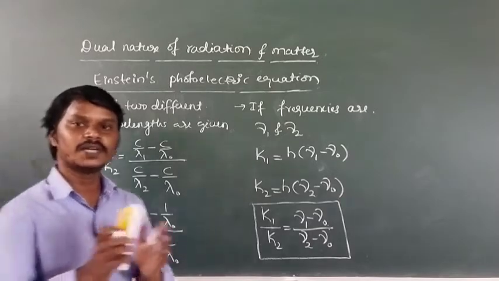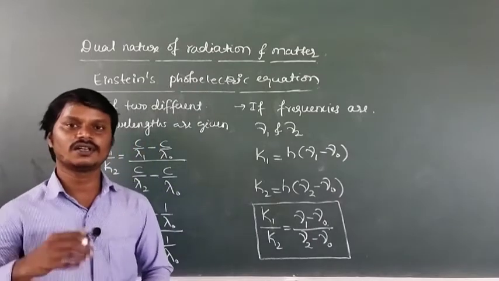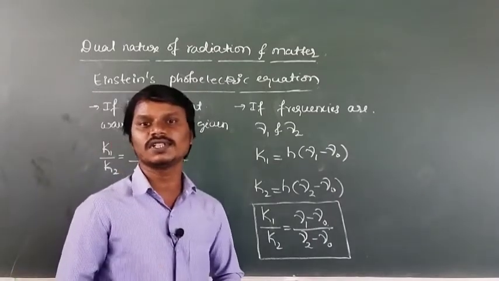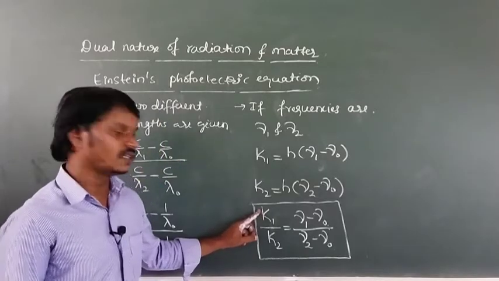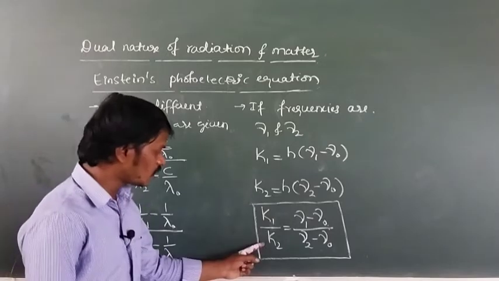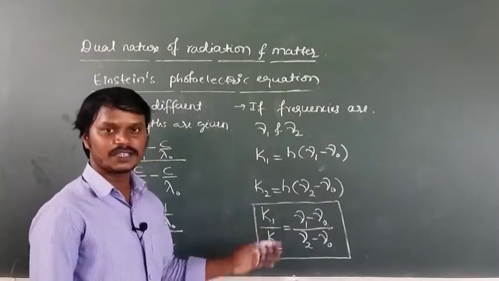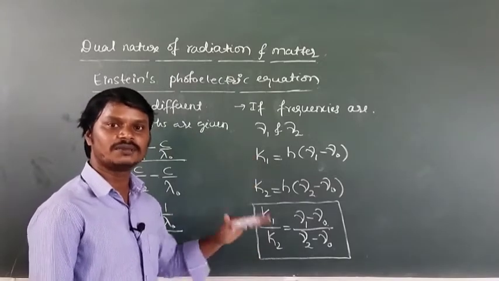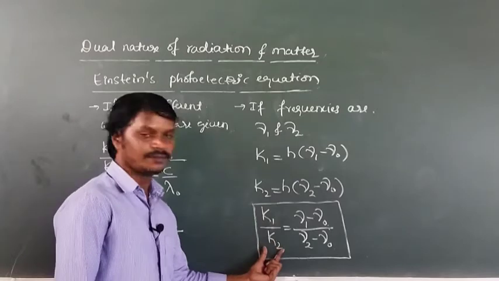Then how to find the ratio of velocities, or the ratio of speeds, of the ejected electrons? See here, K1 is 1 by 2 m v1 square, and K2 is 1 by 2 m v2 square. m is the mass of the electron, so 1 by 2 m gets cancelled. What remains now is v1 square by v2 square.